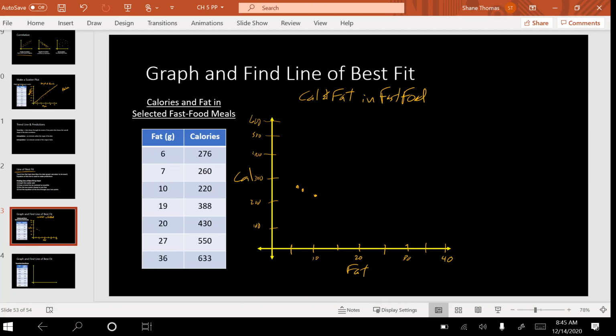So it almost looks like it's going down to start with, doesn't it? All right. Then 19 is 388. 20 is 430. 27 is 550. And then 36 is 633.